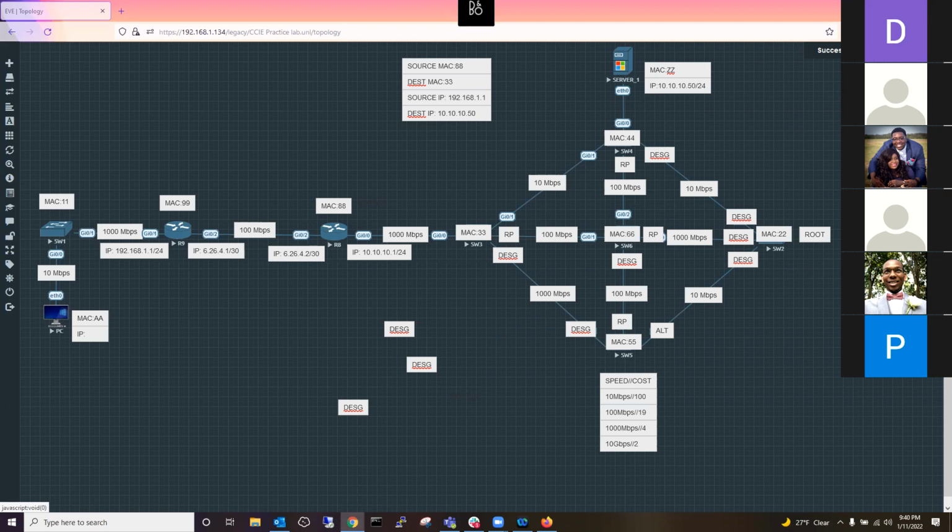But from what I'm seeing here, the best route, the shortest path, would be the lowest cost. I think to go to 02 would be good. So that port itself should also be a designated port.